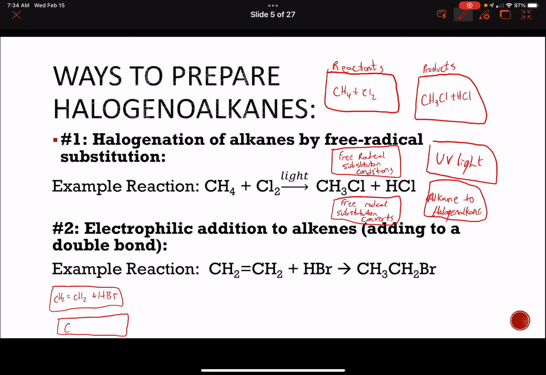And this is an addition reaction. Then I make a second flashcard with conditions, so electrophilic addition.